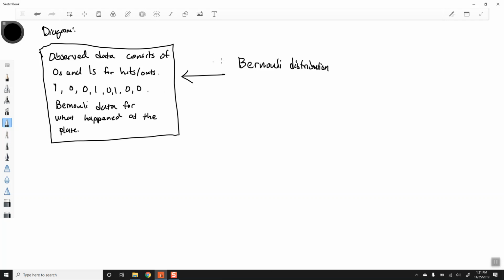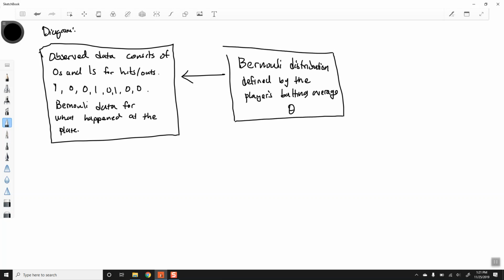These values are treated as randomly drawn from the Bernoulli distribution, which is defined by the player's batting average, theta.